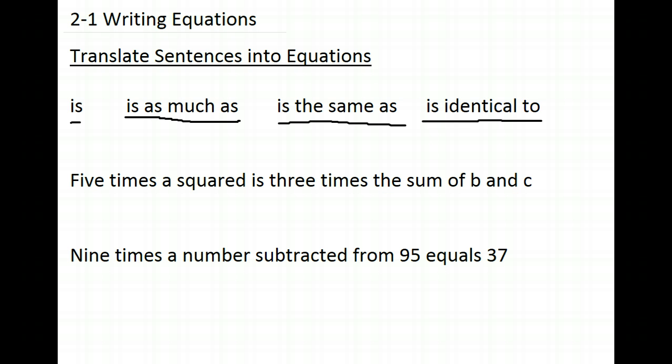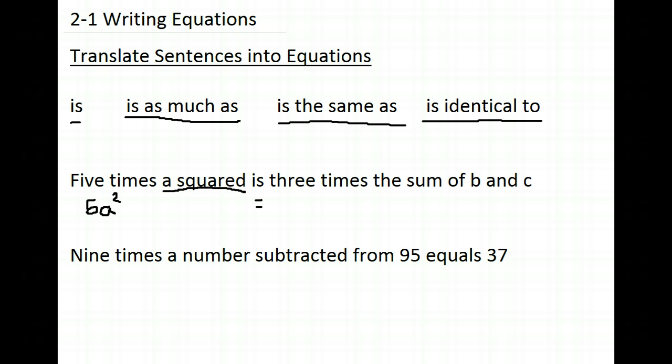Okay, so we know we have the number 5. 5 times a squared, so we can write that as 5a squared. We put our little power of 2 on our a because we have a squared. Is, so we know that's an equal sign.